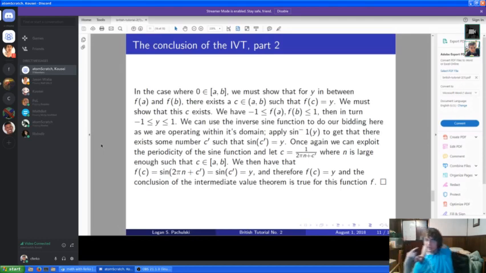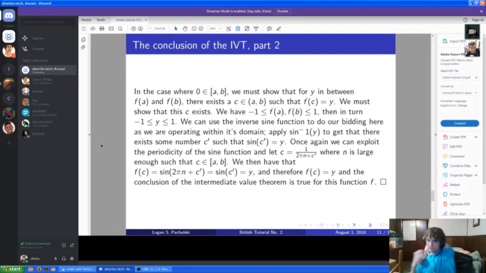Okay, so you're explaining why f of c is y using periodicity of sine, so that's good. But why can we always find an n? Maybe it's an integer, I don't really care, it could be a real number, but why can we always find an n large enough so that c is in the interval ab? Oh, I went a totally different way.